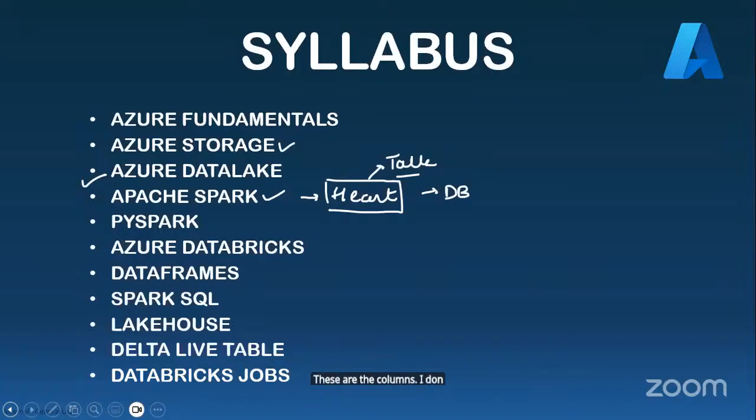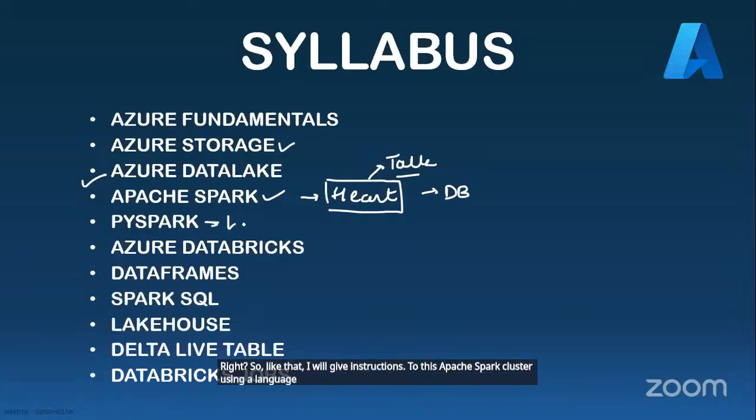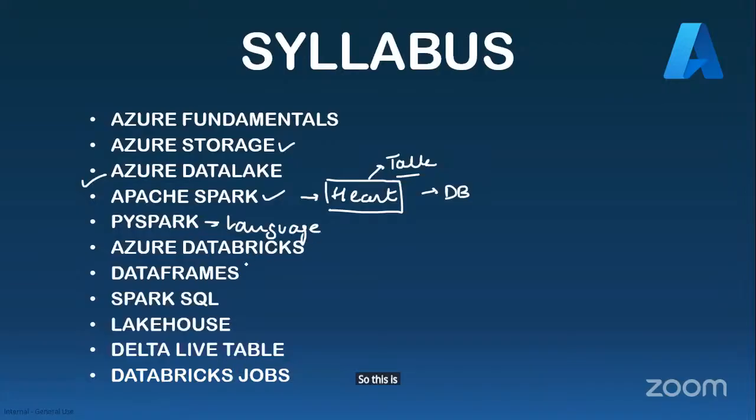I don't want certain columns, so I apply, let's say, a select query. Then I don't want rows where a particular column has a specific value, so I apply a filter transformation, right? Like that, I will give instructions to this Apache Spark cluster using a language. So this is going to be my language, PySpark.